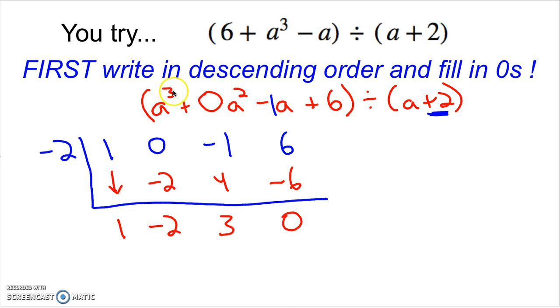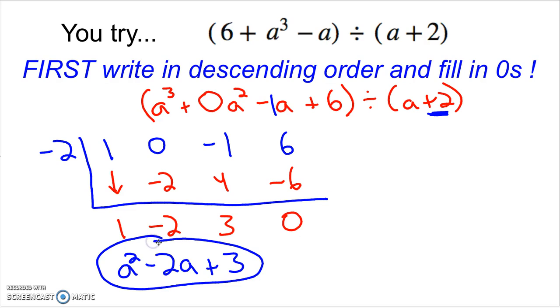Since my degree was 3, I'm going to start with an a squared with this first coefficient of my answer. That means I have 1a squared minus 2a comes next, plus 3, and there is no remainder, which means this is my final solution.